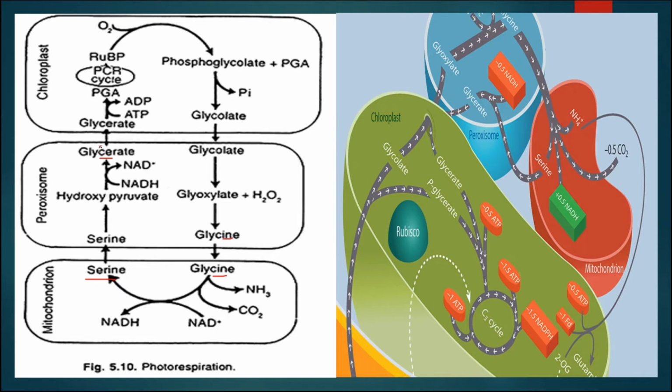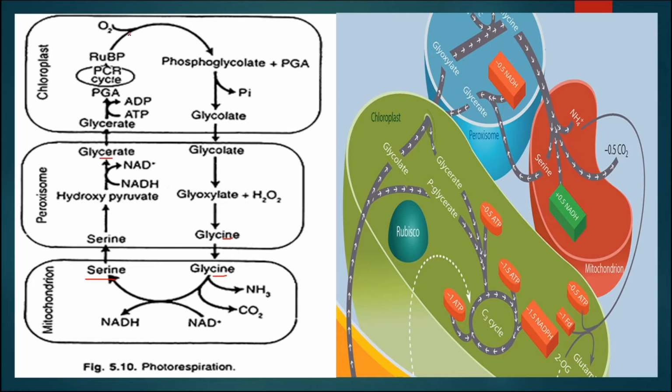Now this glyceric acid or glycerate is transported into the chloroplast, where ATP is consumed and converted into ADP to convert it into PGA, that is phosphoglyceric acid. This phosphoglyceric acid will now be converted into RuBP, that is ribulose bisphosphate.